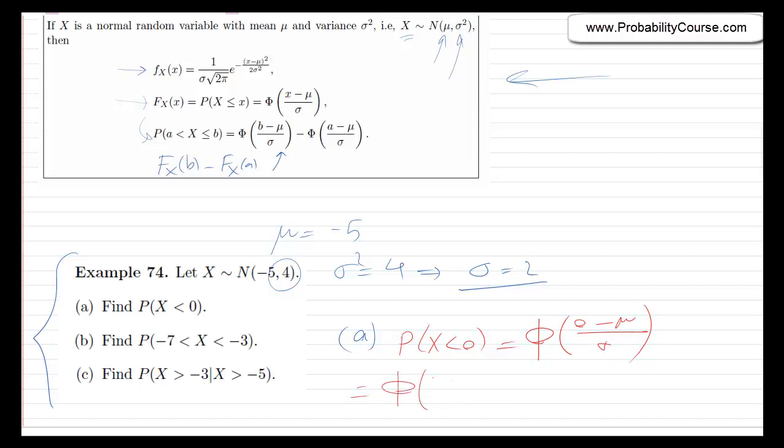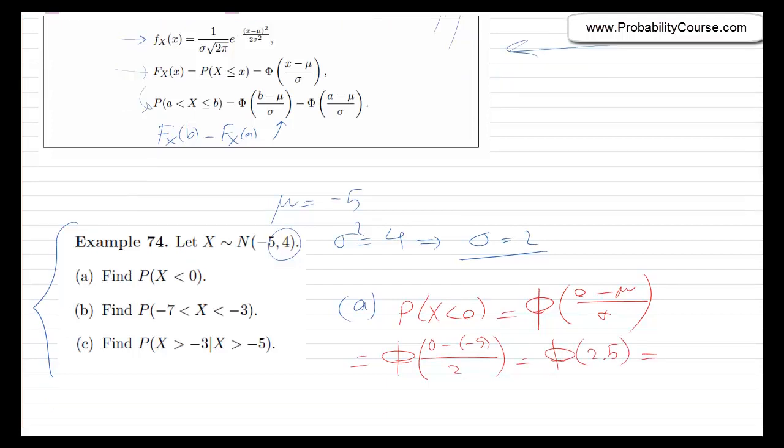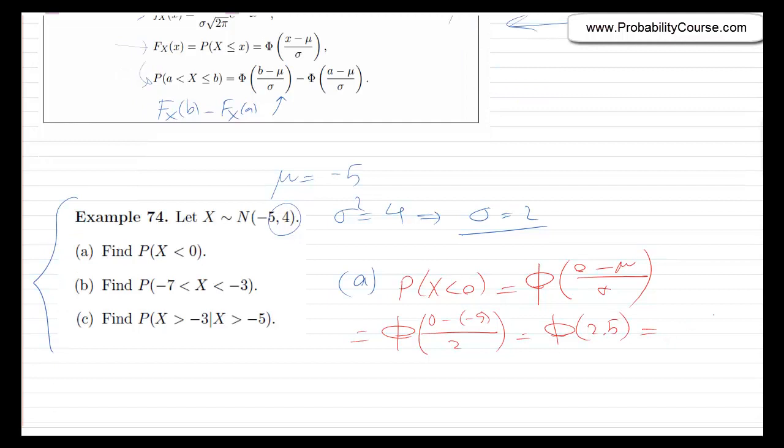Mu is minus 5, so 0 minus minus 5 over sigma. Sigma equals 2, so this becomes phi of 2.5. And if you use a calculator or MATLAB or whatever, you can see that the value of phi of 2.5 is approximately 0.99.